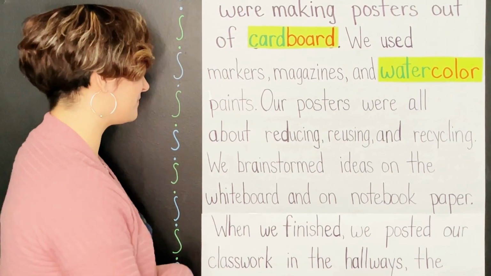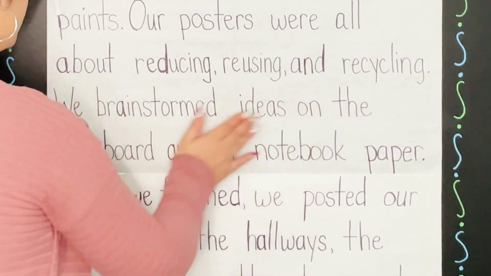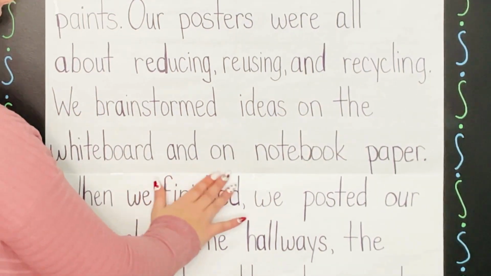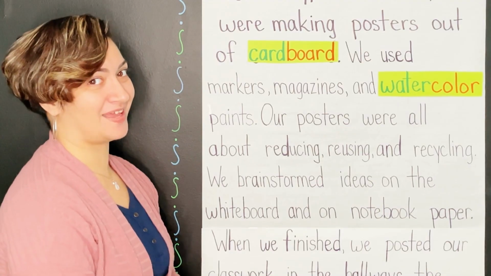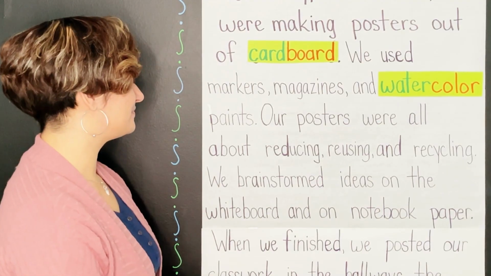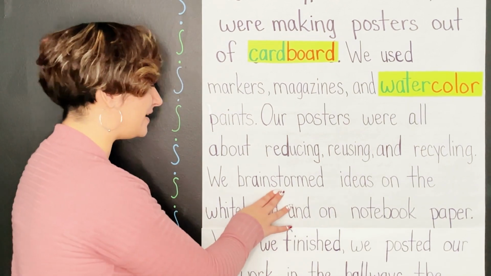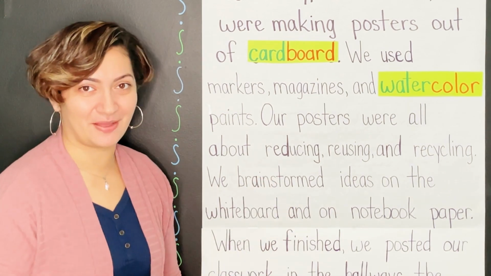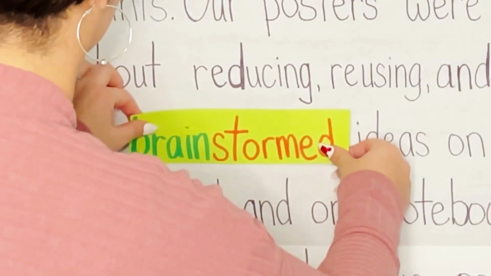Let's keep going. We brainstormed ideas on the whiteboard and on notebook paper. Uh-oh, I think I see more than one compound word here. So, first off, brainstormed is a compound word. Yes, let's go ahead and write that one down. That's a long one.